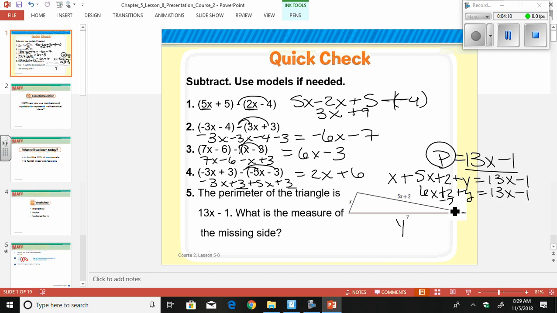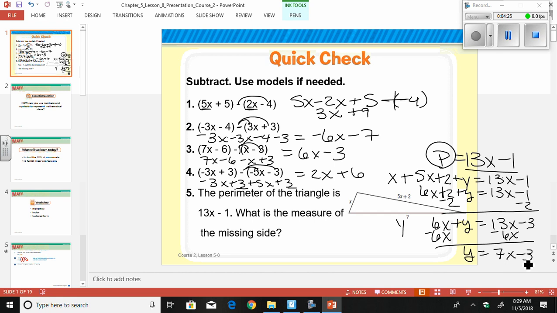And I'm going to subtract 2 from both sides. Now I have 6x plus y is equal to 13x minus 3. I'm going to subtract 6x from both sides, and I'll get y is equal to 7x minus 3. So that missing side is 7x minus 3.